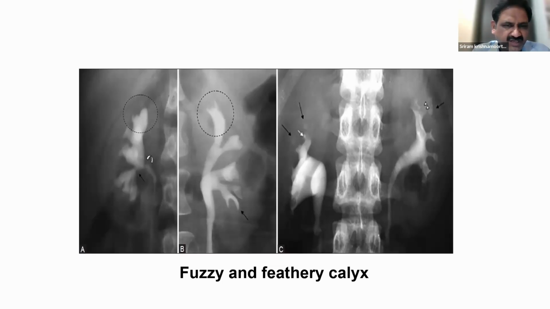So the primary pathology will lie there, and the calyx will get eroded, the papilla will get eroded, and the minor calyces will show some irregularity, which is called a fuzzy or feathery calyx, the earliest finding in GUTB. Whereas in ultrasound, the earliest finding you see will be a cortical granuloma.